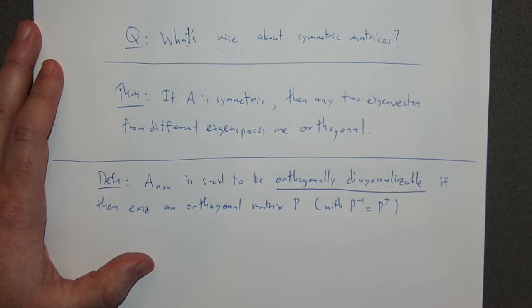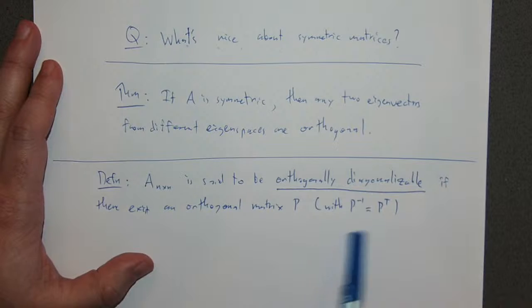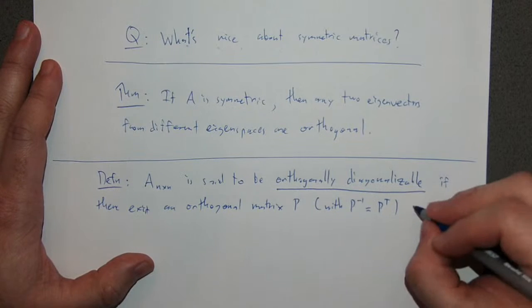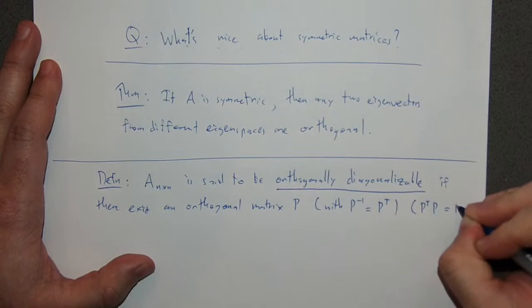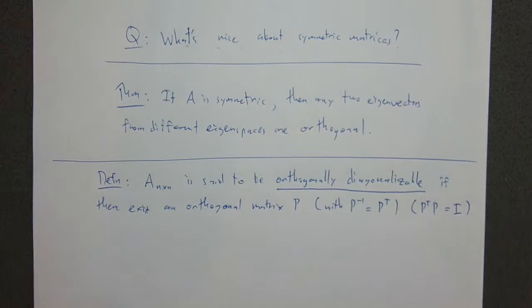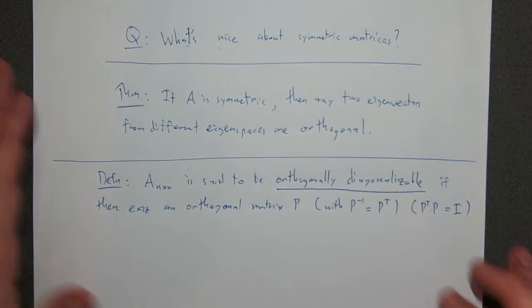All right. Maybe if you look at that and you're like, wait, what do you mean P inverse is P transpose? Remember this statement for orthogonal matrices? Actually, this was a statement not just for orthogonal matrices. This was a statement more generally, even for rectangular matrices whose columns were orthonormal, that was true. Right? Okay.